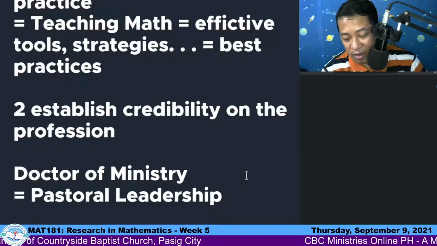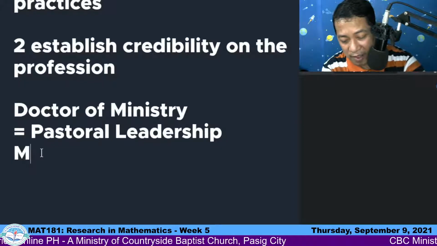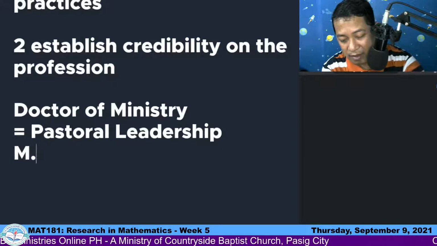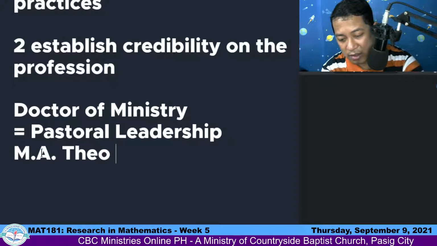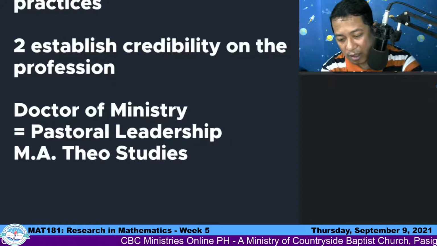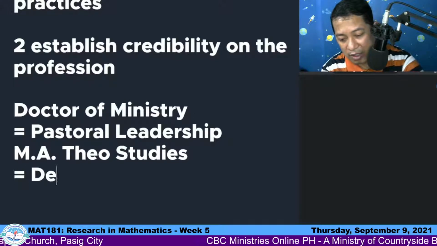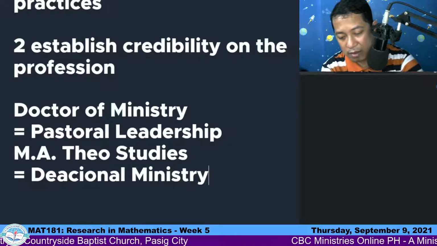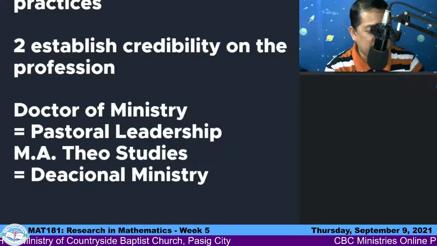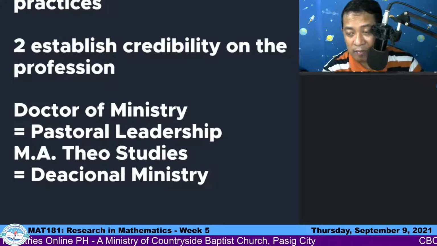And then for my master's level, MA in Theological Studies, I have a research in diaconal ministry. So these are examples where we could be credible, credibility in the profession, in our discipline.